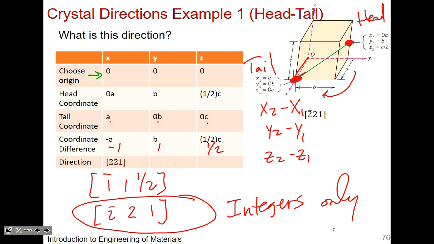Who's to say that if I start from the other side and go in the opposite direction, I wouldn't experience the same material property, like conduction or strength, in which case those directions are equivalent. But in this system, there's nothing to say yet that bar 2, 2, 1 is equivalent to 2 bar 2, 1. Not yet.